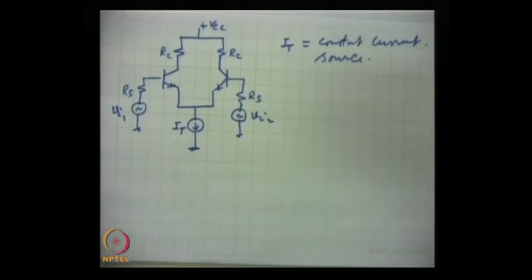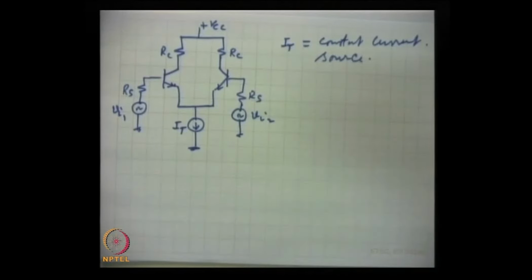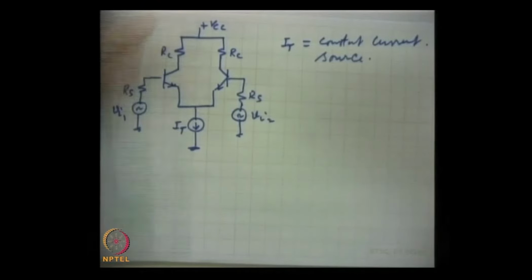Which supplies constant current. Now, we perform AC analysis and we apply the rules as we have been talking all through, that for AC analysis the DC voltage sources have to be grounded and DC current sources have to be open.